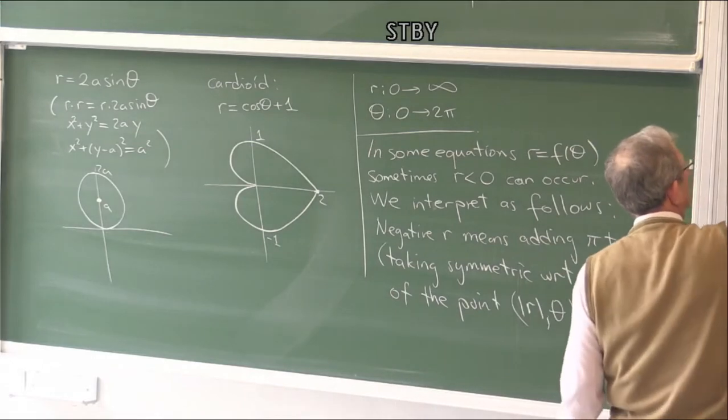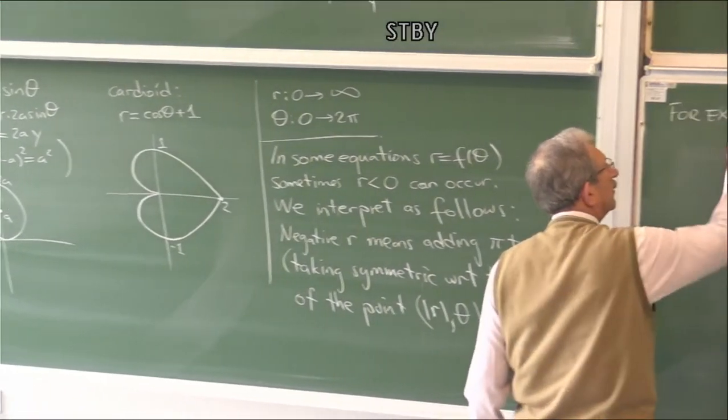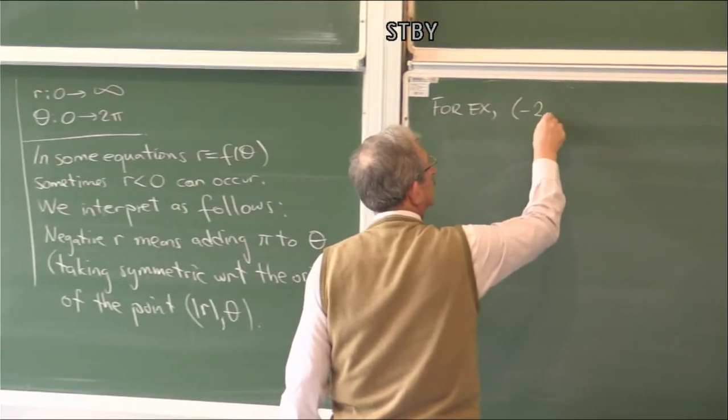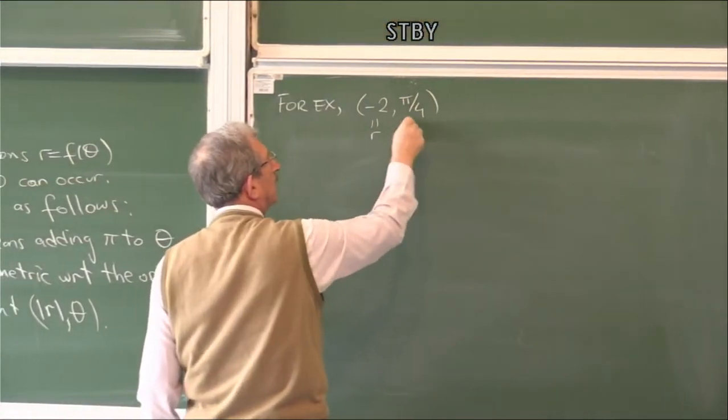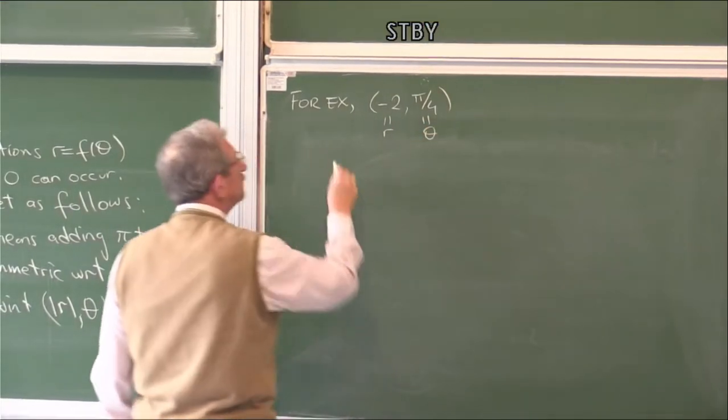For example, say -2 and pi over 4, here this is r, this is theta. This means the following.